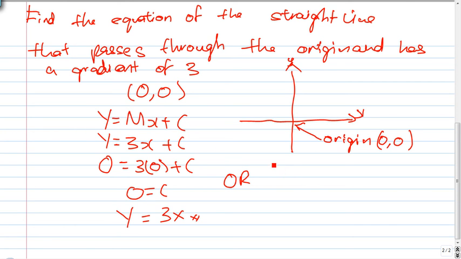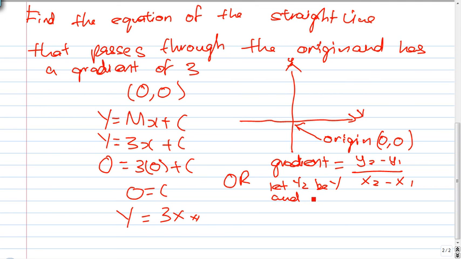Or another way you can do it is to use the gradient formula, y2 minus y1 over x2 minus x1, to get the equation of the straight line. Let y2 be y and x2 be x.